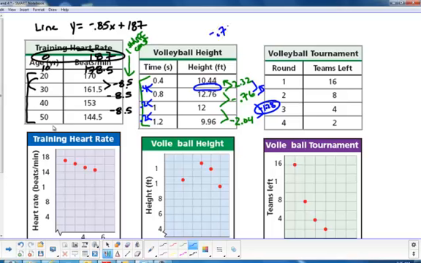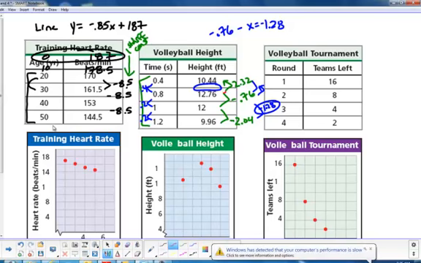If you put that in your calculator, negative 1.28 plus 0.76, and then made it negative, this should be a difference of positive 0.52.